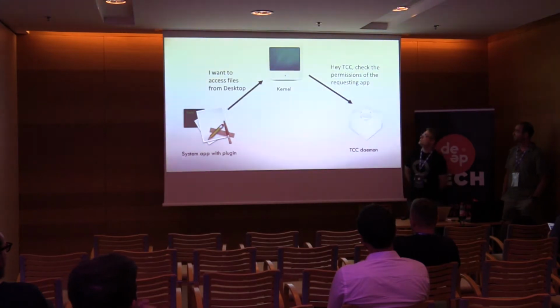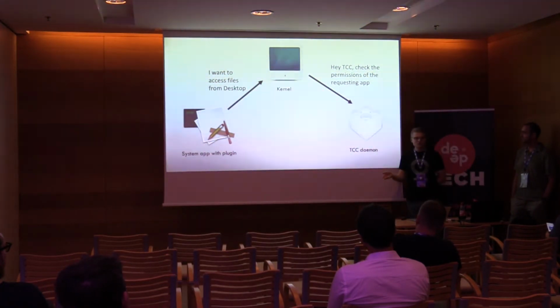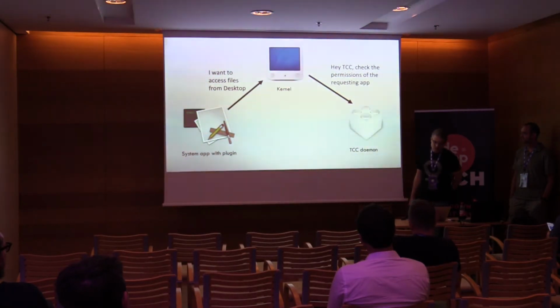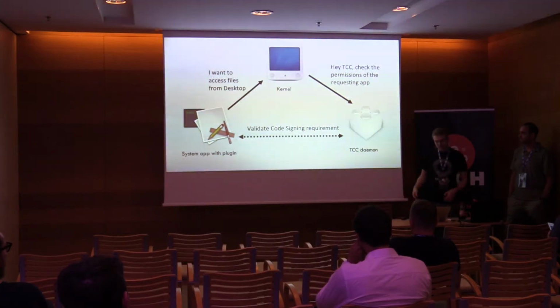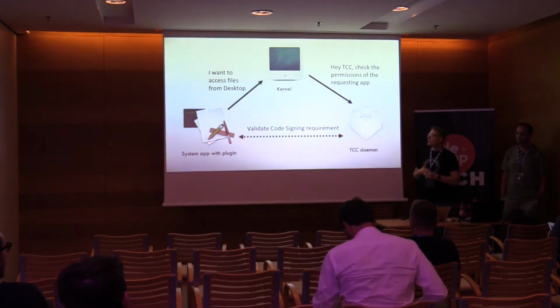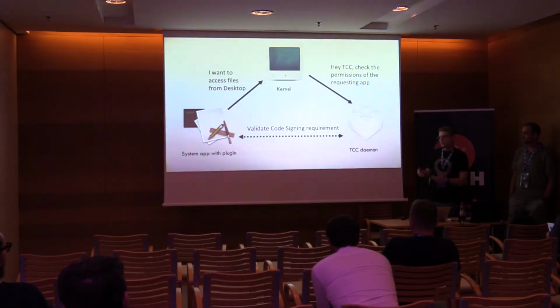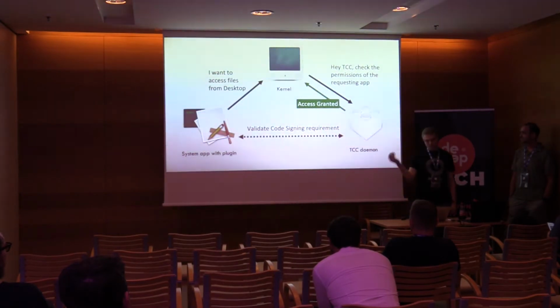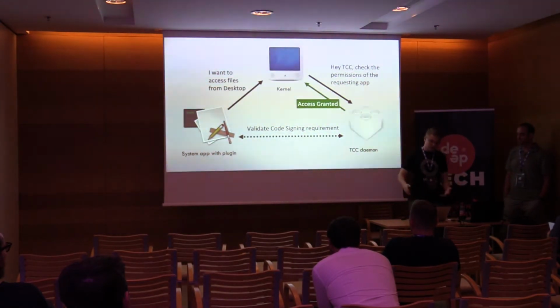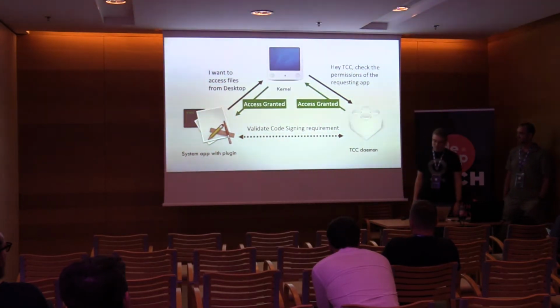It will ask the TCC daemon in user space, hey TCC, please check if this application should be able to access desktop. And the TCC daemon will then perform the code signing assessment of the requesting application. And if the validation is passed, it will give the message to the kernel that the access is granted, and the kernel will grant permission to the system application.